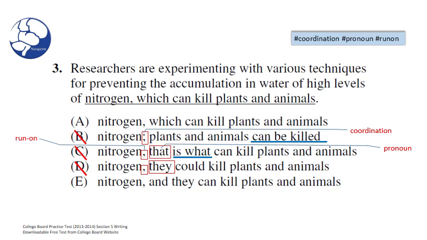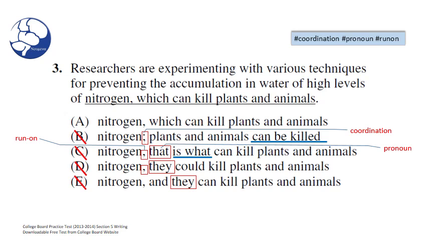Who are they? The researchers? But that wouldn't make sense. The researchers could kill plants and animals. Here, logically, in this sentence, and the reason why we kept A is because it's the nitrogen that could kill the plants and animals, not the researchers. So here we have another pronoun error in "they."